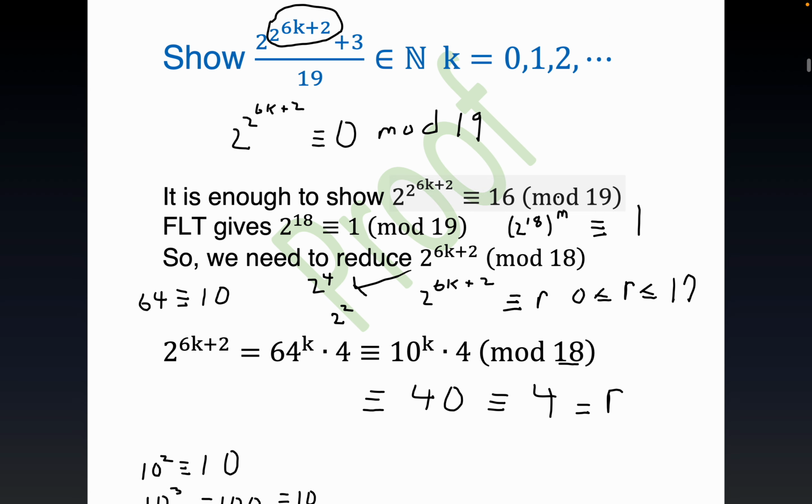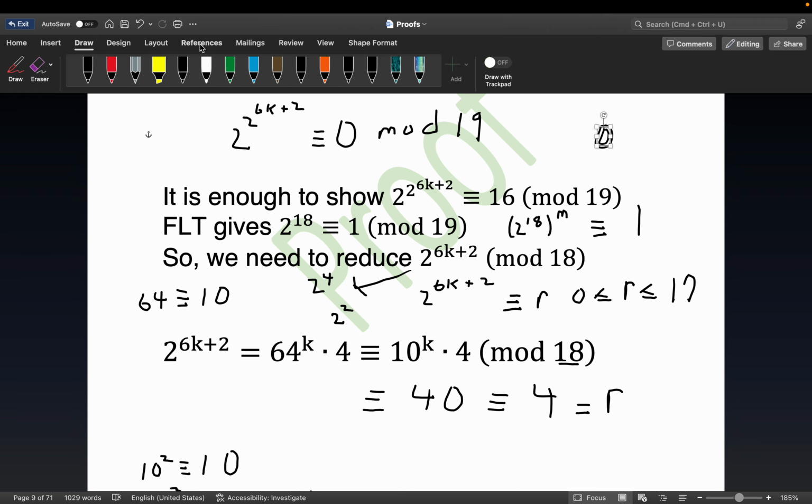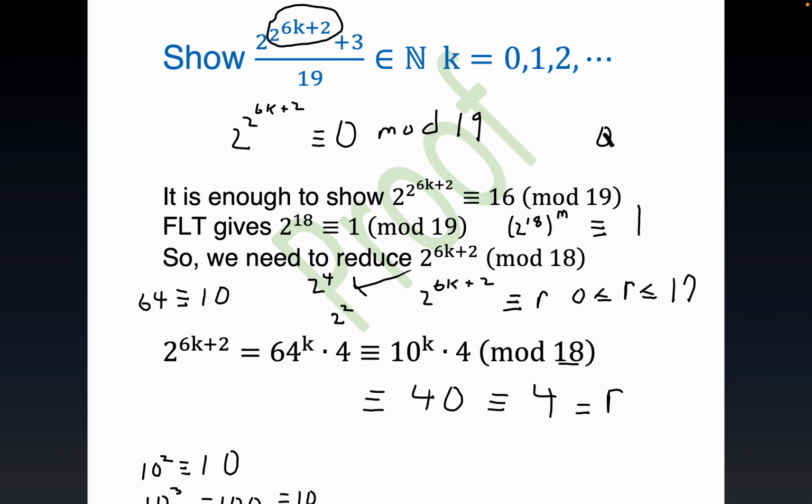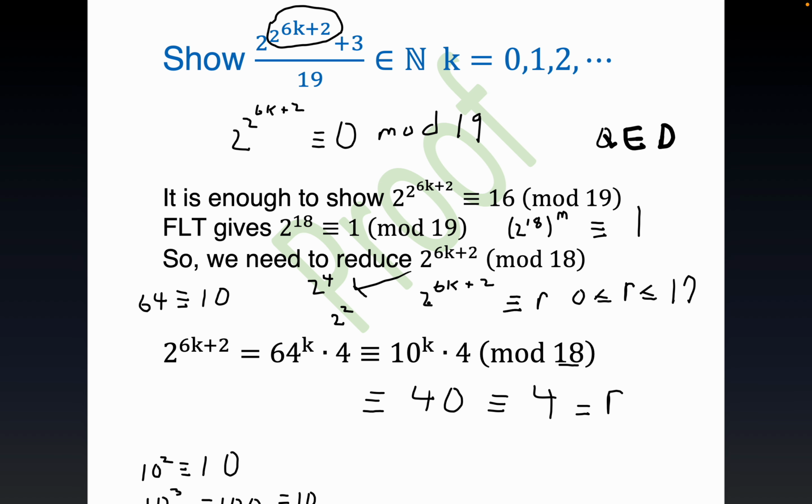So I'll go ahead and put QED. I've started writing a little bit less these days. I don't know if people like that very much, but we're done with the proof. Because this 4 right here became the exponent of 2, which gives you 2 to the 4th, which gives you the 16 right here.